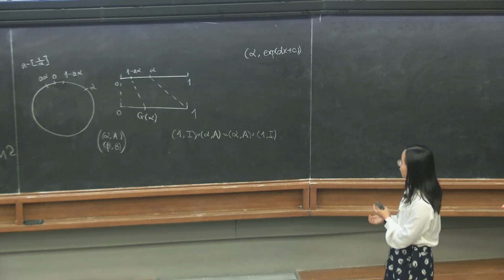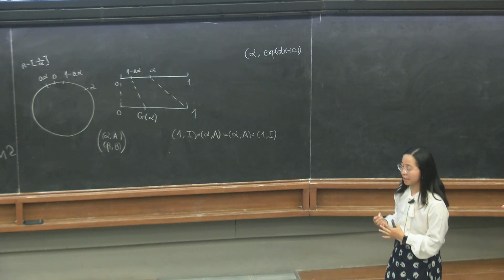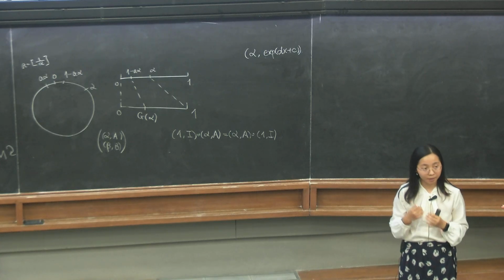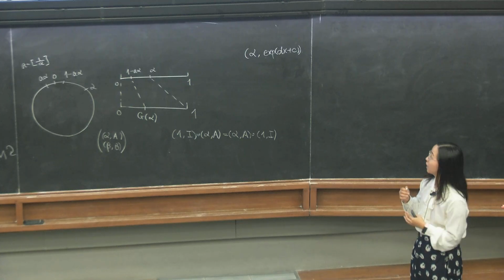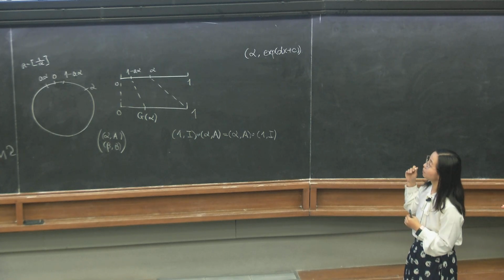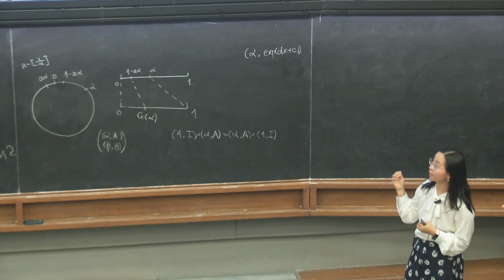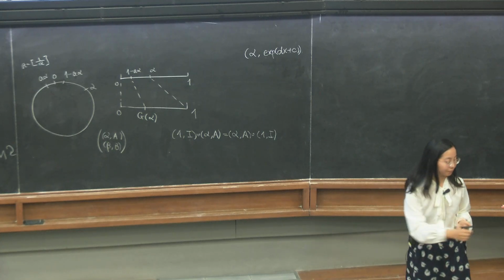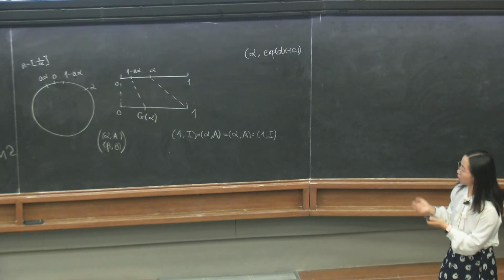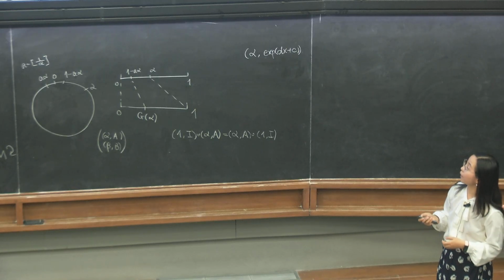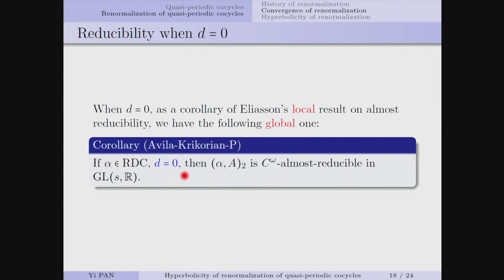And of course, as mentioned before, the reducibility result depends on arithmetic conditions, and on the particular choice of Lie group. And here, for simplicity, we will stay in the general linear group. So what we can show here is if alpha is recurrent Diophantine and D equals 0, then the two iteration of alpha A is analytically almost reducible as a general linear cocycle.